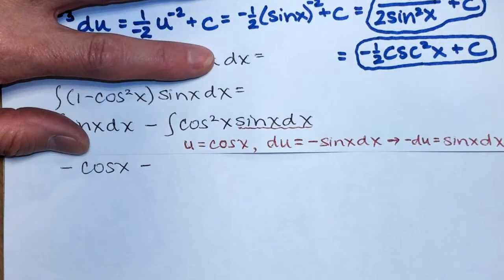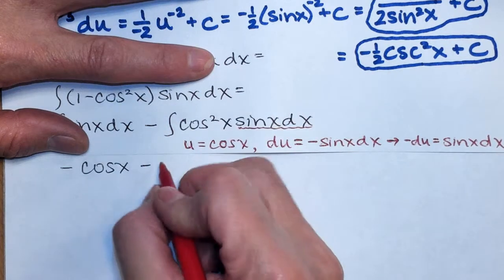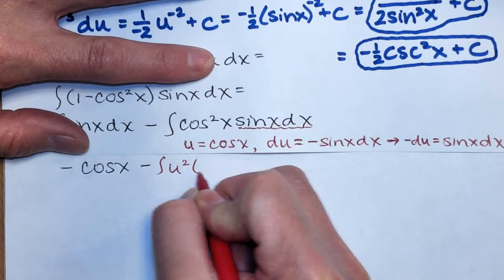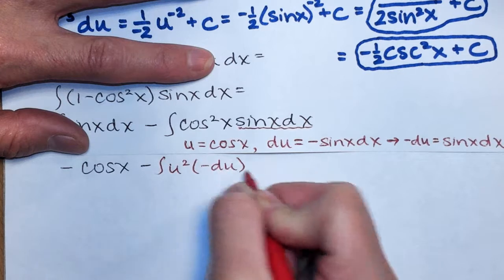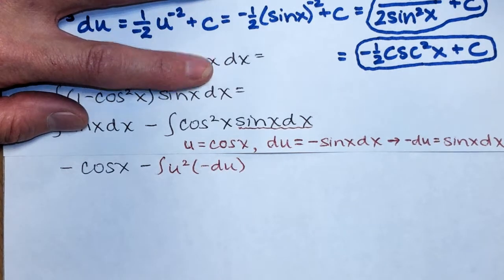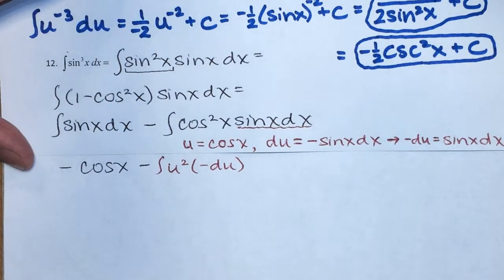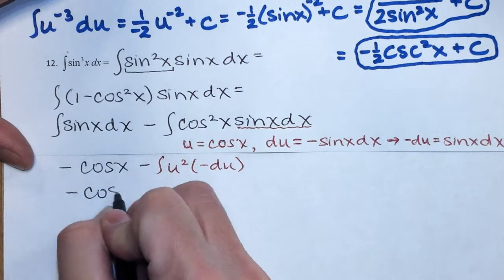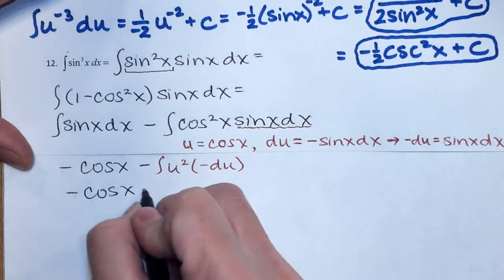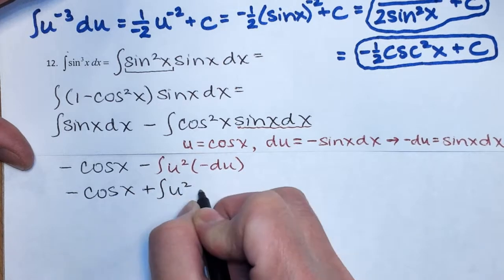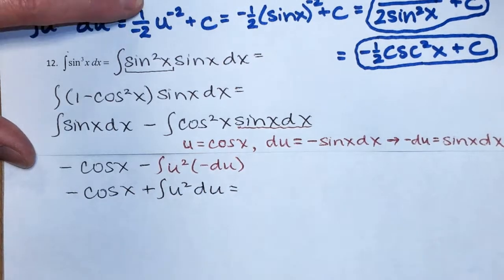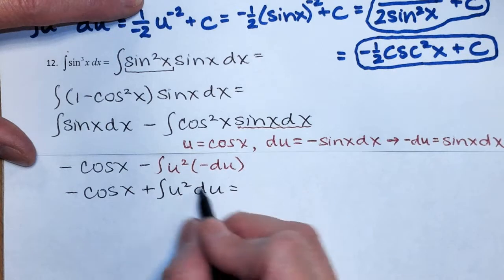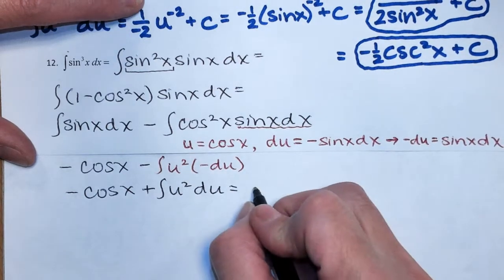All right, so let's rewrite the integral. It's u squared negative du. But that can just come out as a plus, right? So I have negative cosine x. The negative comes out, makes this a plus, the integral of u squared du. Now this is a nice simple polynomial integral.